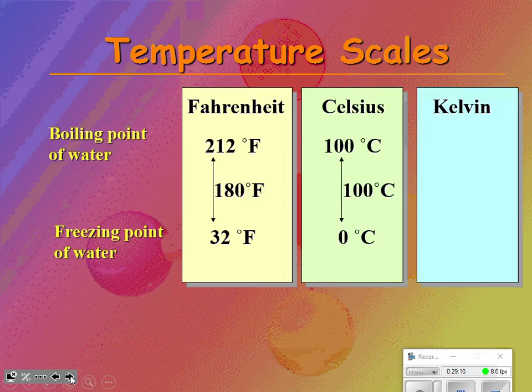What about Kelvin? Kelvin's the crazy one. It is 273 and 373. So those are the boiling points and the freezing points on all 3 of the temperature scales.